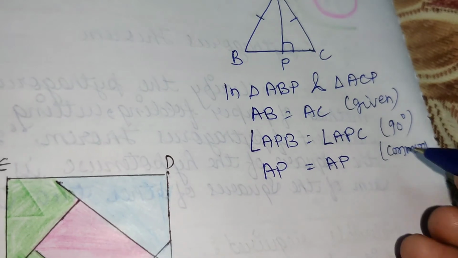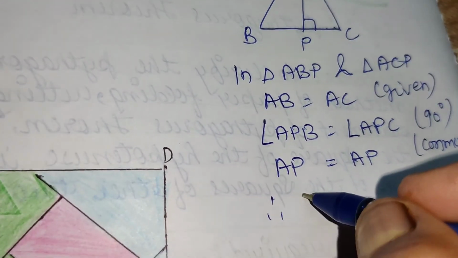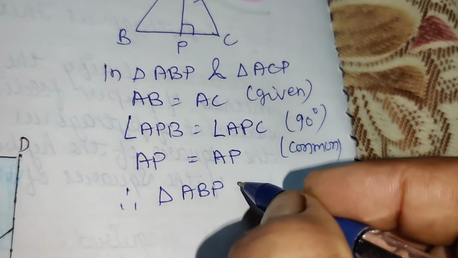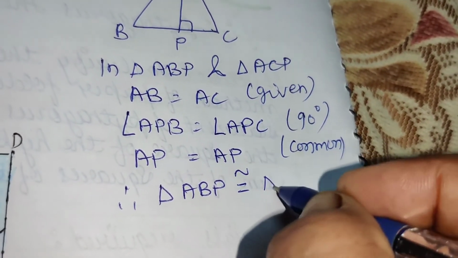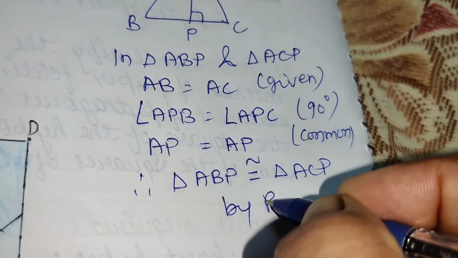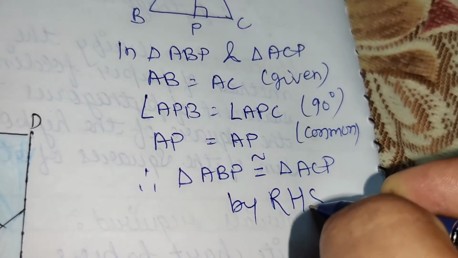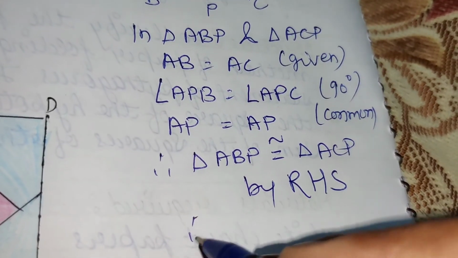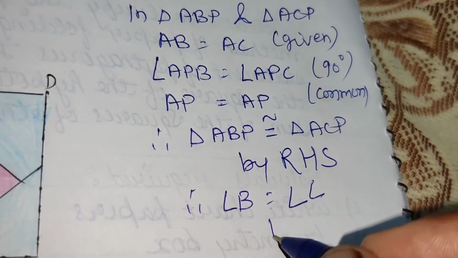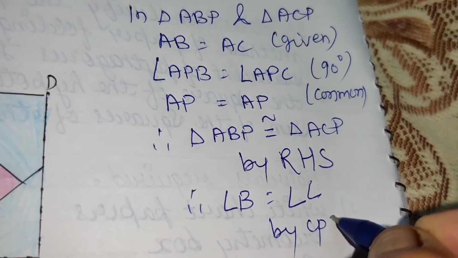Therefore, triangle ABP congruent to triangle ACP by RHS, right angle, hypotenuse and side. Therefore, angle B equal to angle C by CPCT.